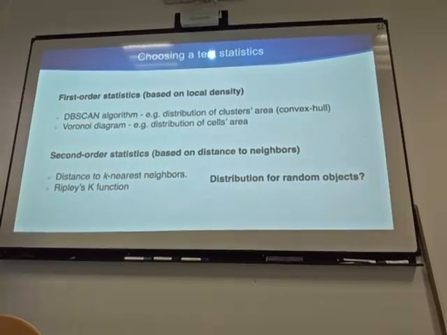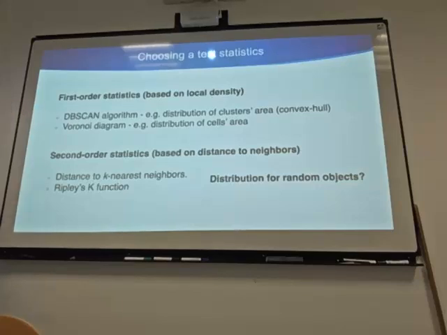And if you can define the distribution of cluster areas under the null hypothesis, you can test whether or not you have real clusters in your distribution. But again, each time, the difficulty is to define a good test statistic that can be characterized, defined, computed for a random distribution of objects.